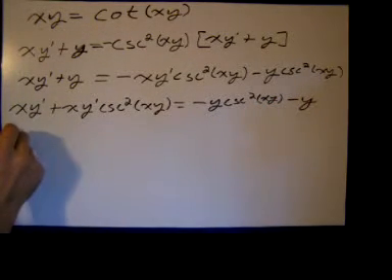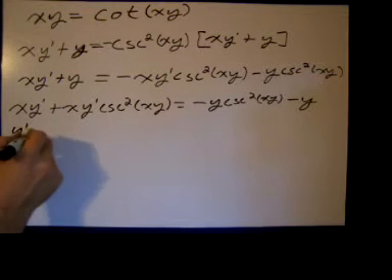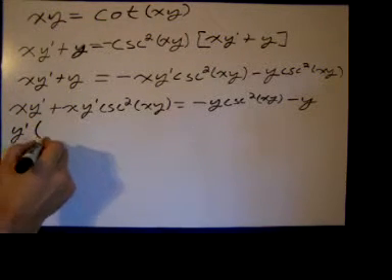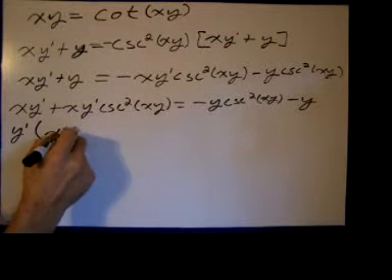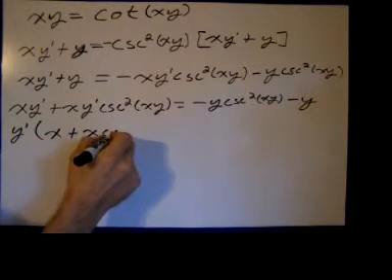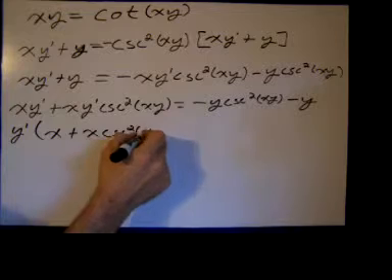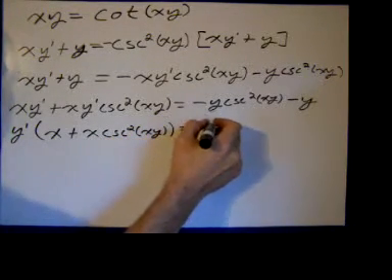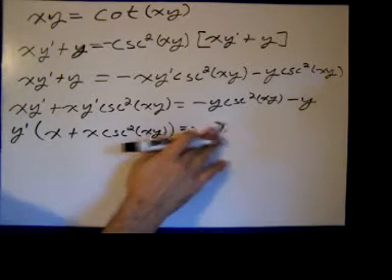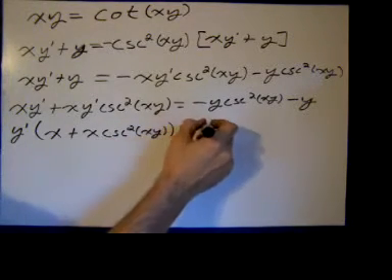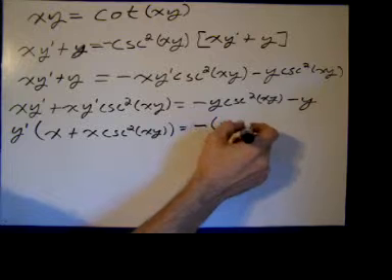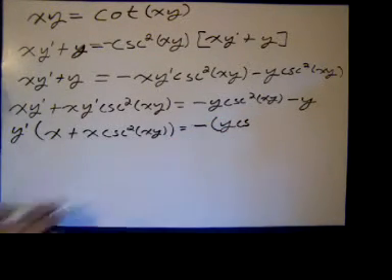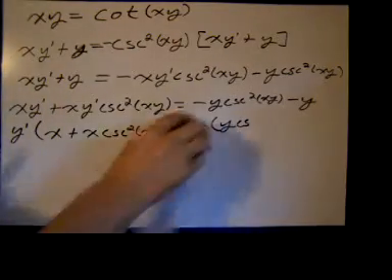Now I'll factor out a y prime here on the left, because this is the only place it is. So we have y prime times x plus x cosecant squared of xy equals negative y, and you know what, I'm going to go even one step further.